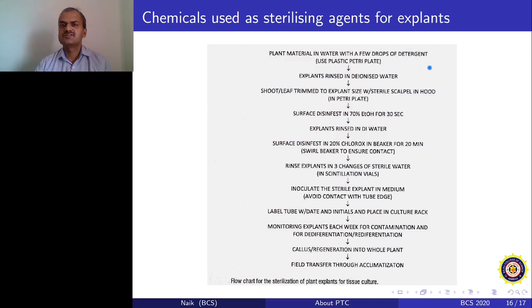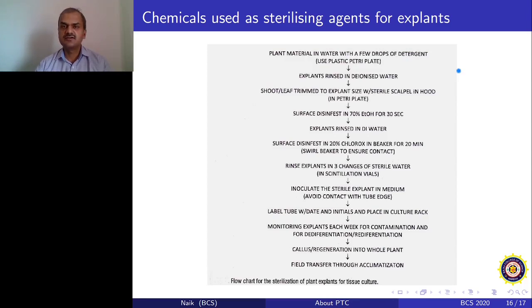For example, Bavistin, which is carbendazim, is a very broad spectrum fungicide. And if you take 0.1% to 1% of Bavistin powder and mix it in your solution which has mild detergent, then you shake it vigorously.